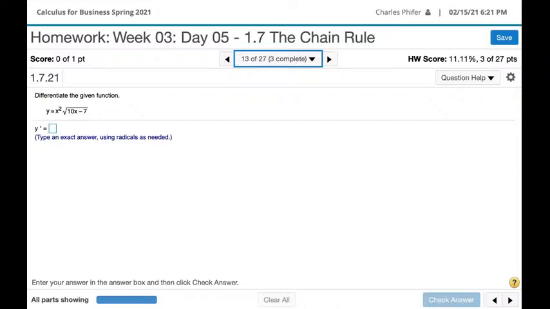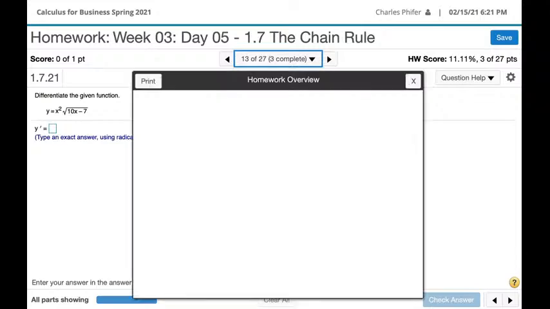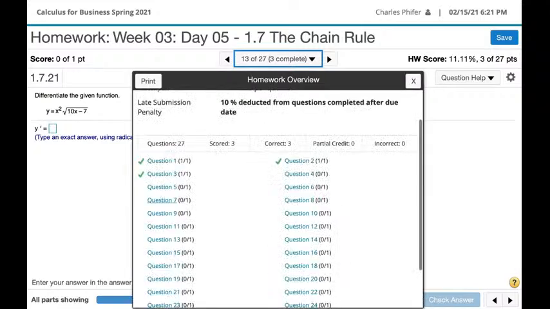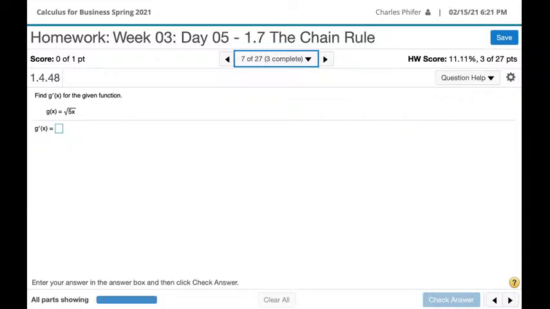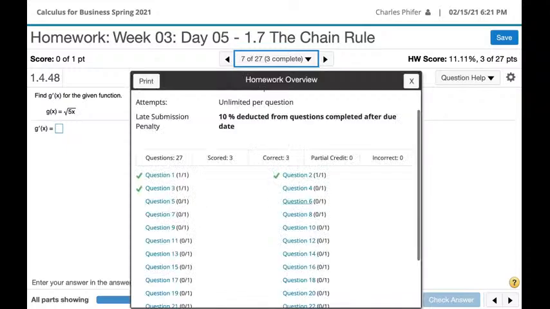Differentiate the given. Okay, this is chain rule. I want to get to the first one that does chain rule though. Let me go back some and try to find a better one to start off the topic with. Let me try 7. That one is good. Let me try 6. 6 comes from section 1.4.